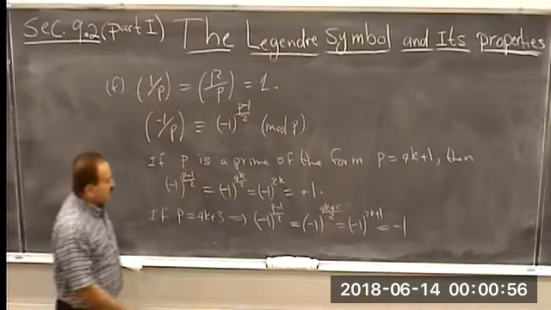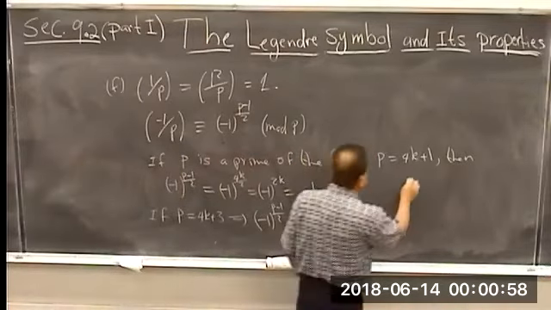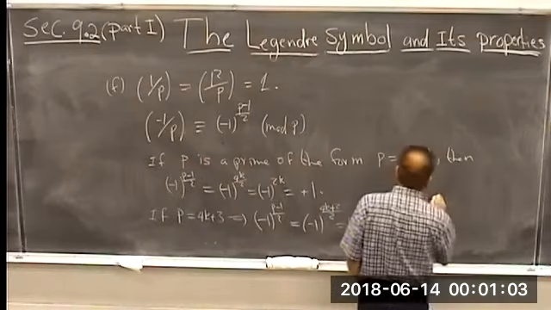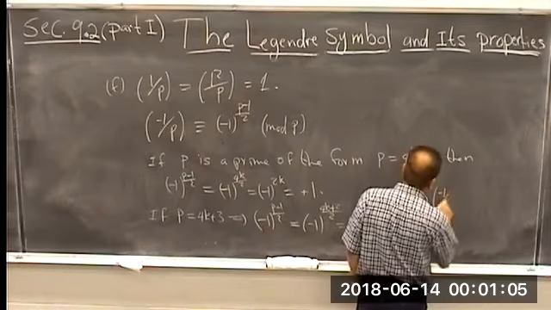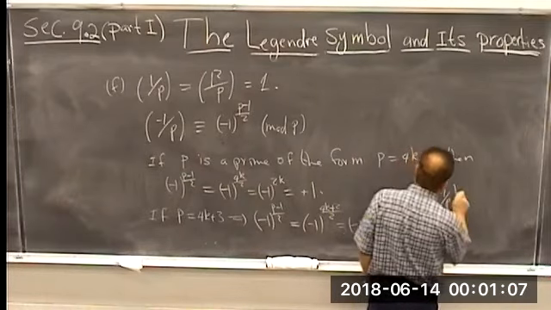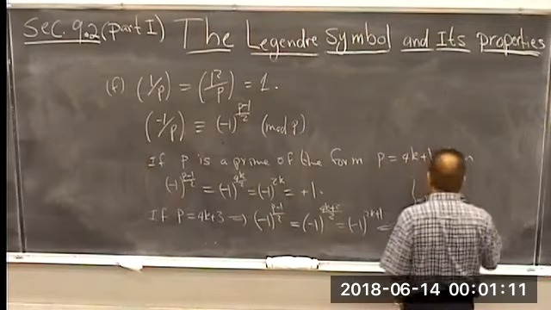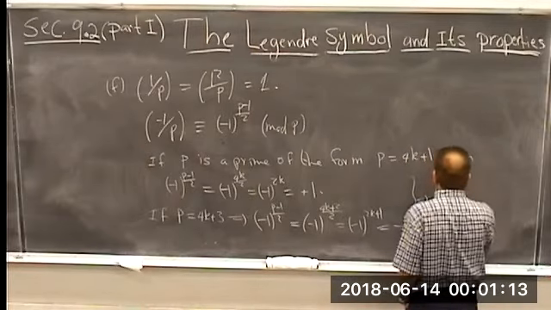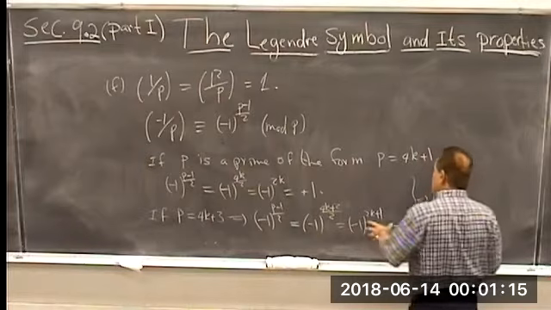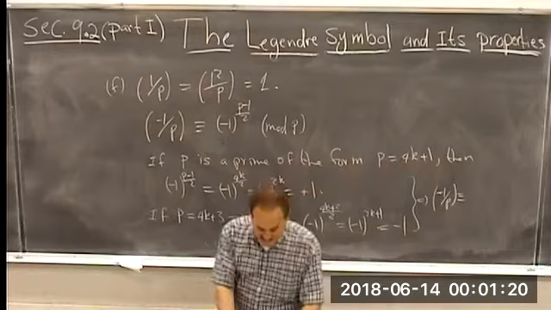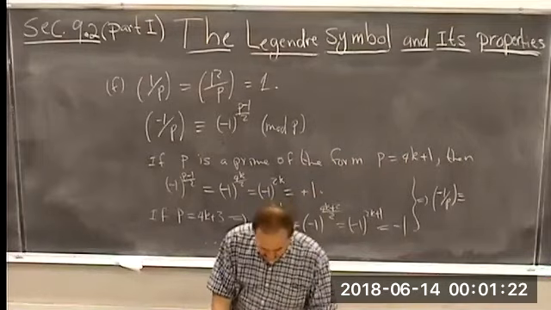For the same reasoning, this implies that we have negative 1 over p, actually, what we say is, let me see how we're going to write this one.